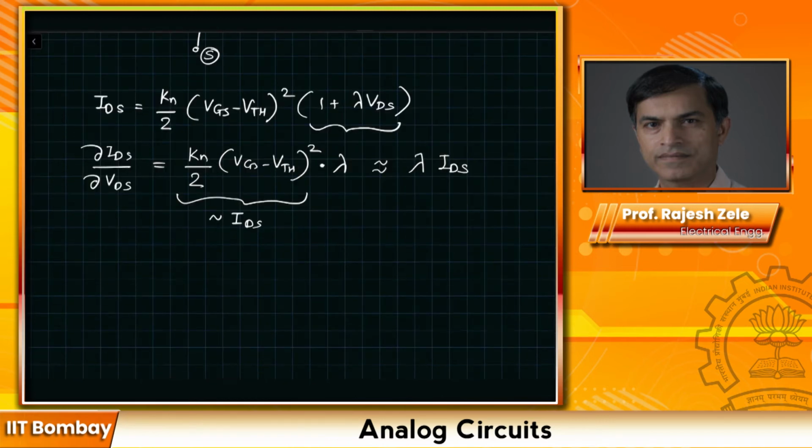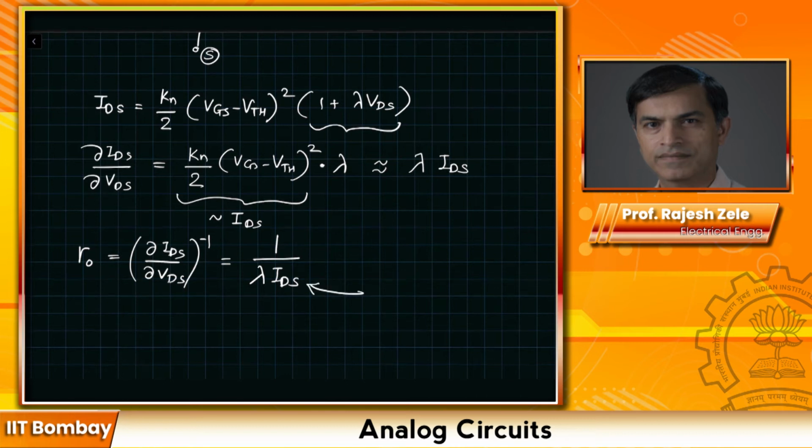The output resistance now, R out, is equal to the reciprocal of this quantity, which is del IDS by del VDS, and that is going to be equal to 1 divided by lambda IDS.